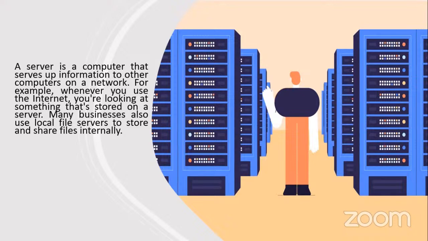Though with some servers, even if you don't have internet, it works, but the system still needs to be connected, either wirelessly or by cable, so that they can communicate with each other using different IP addresses. Okay, so that is how a server operates.